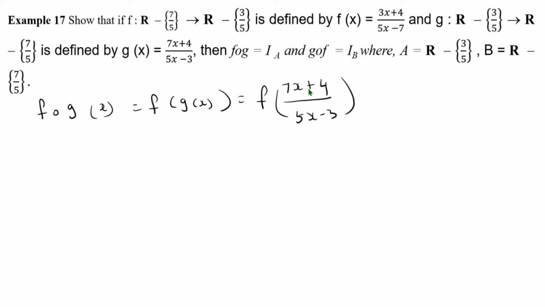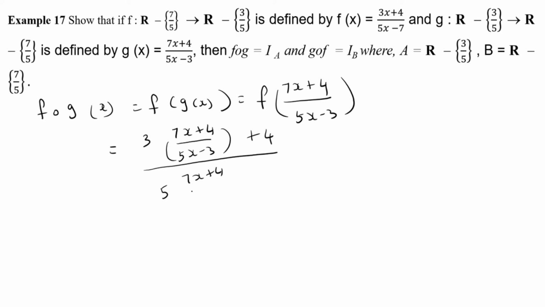So f of 7x plus 4 by 5x minus 3 will be equal to, in place of x we have to substitute this function. So this is equal to 3 into 7x plus 4 by 5x minus 3 plus 4, divided by 5 into 7x plus 4 by 5x minus 3 minus 7.